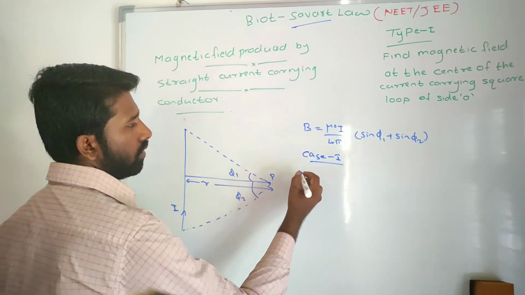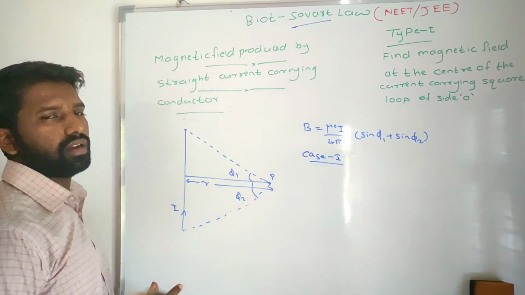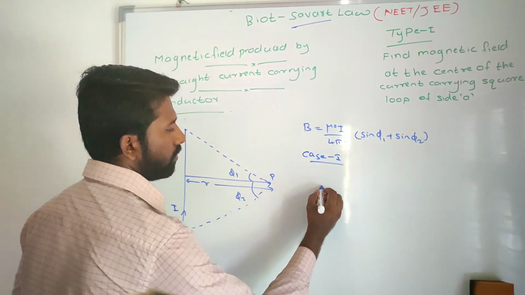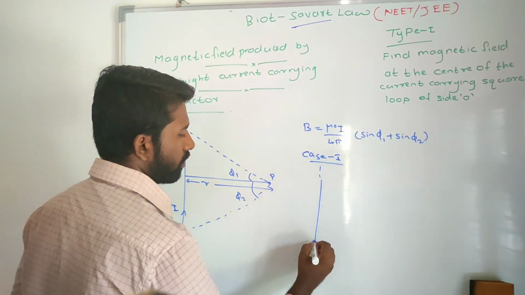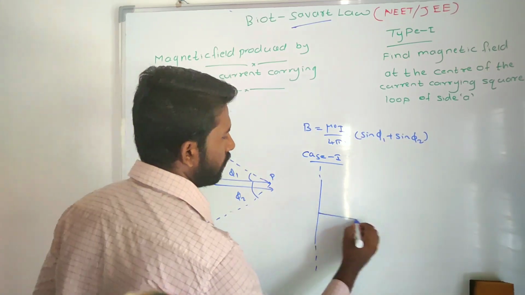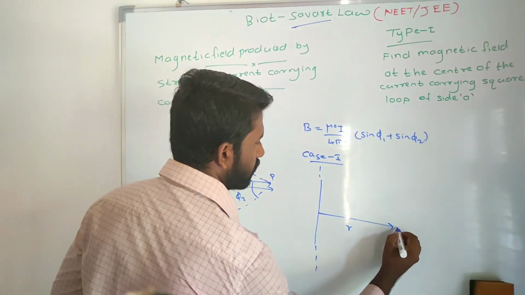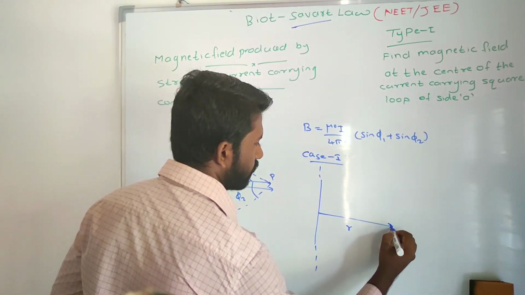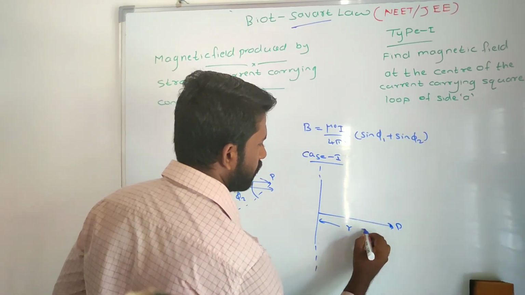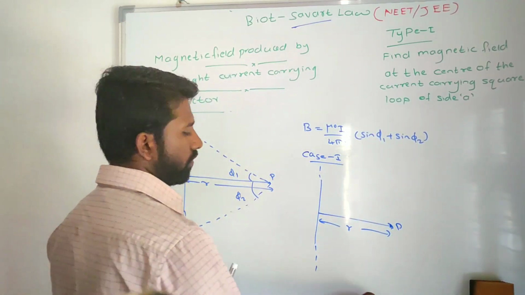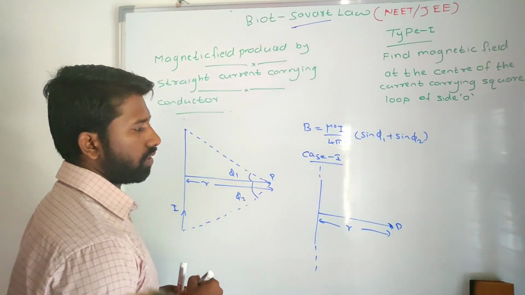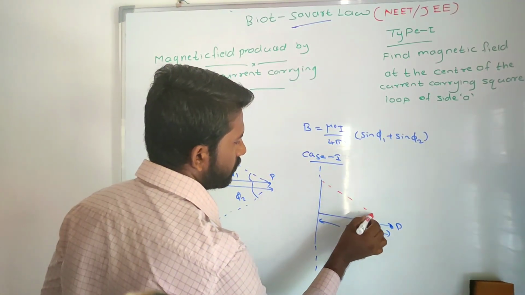In case 1, if this is an infinitely long current carrying conductor, that means like this. If it is infinitely long, what is the magnetic field? So point P. If it is infinitely long, what about phi 1 and phi 2? Initially this is phi 1.